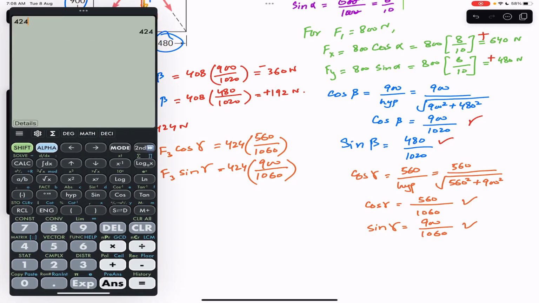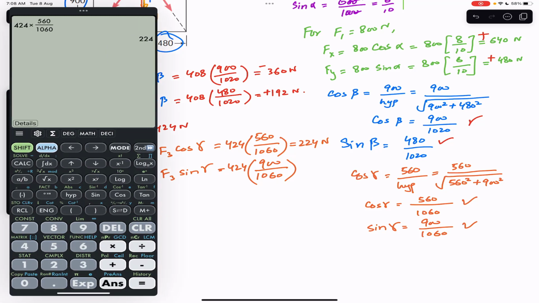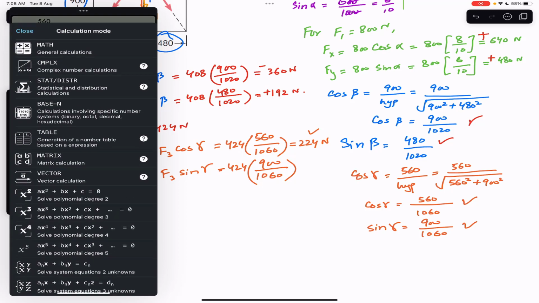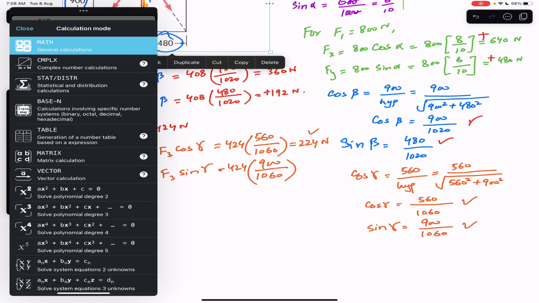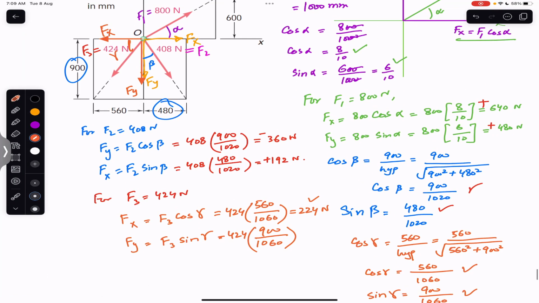So 424 multiplied by 560 divided by 1060 is 224 Newton. So the f of x of f3, 424 Newton force, is this 224 Newton. And again, the f of x component of f3 is in the negative x, so this is negative. So we will write that this is minus.